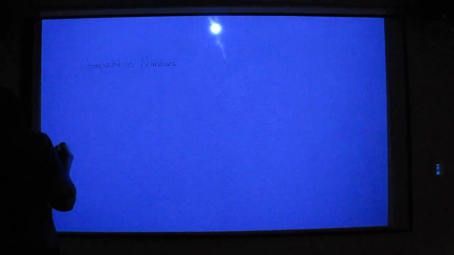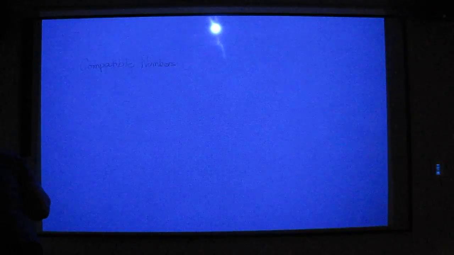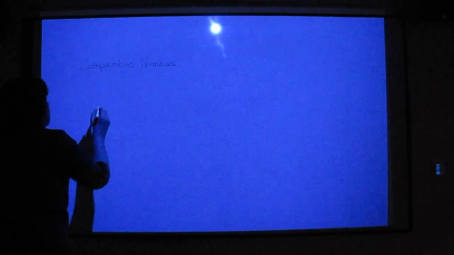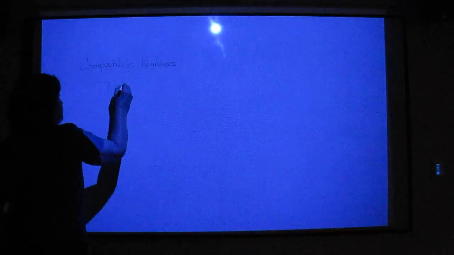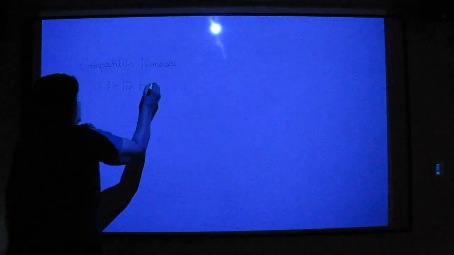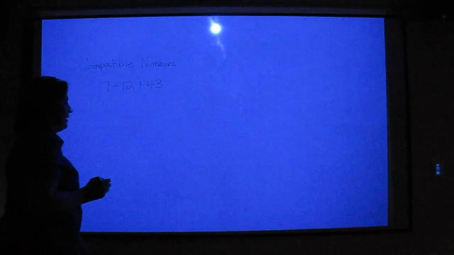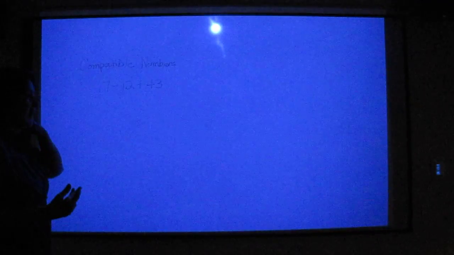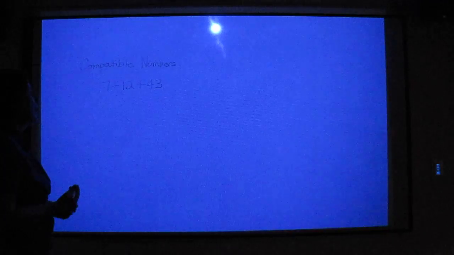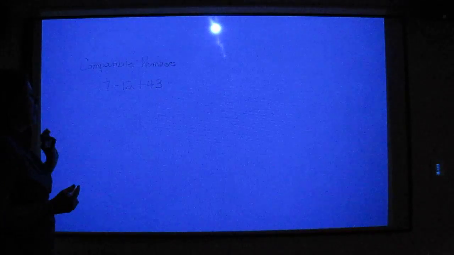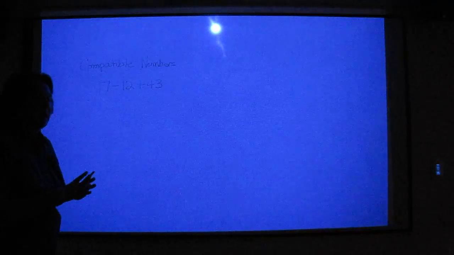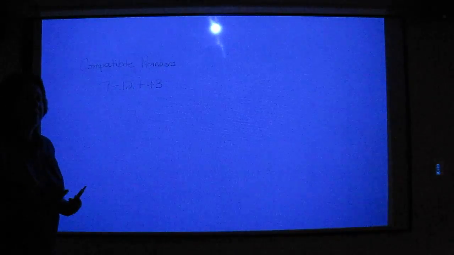Let's say that I'm going to add 17 minus 12 plus 43. Right? And I wanted to do it in my head, didn't have any paper to write on. Compatible numbers means look for numbers that you can add up that will come out to an even 10.